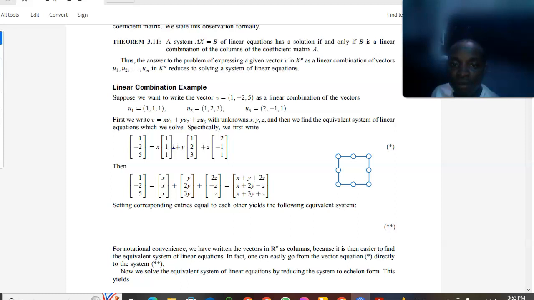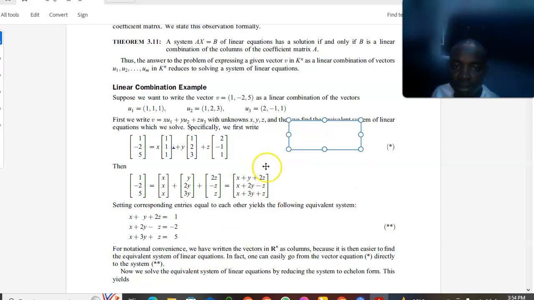So from what we have here, we can have x plus y plus 2z equals 1, x plus 2y minus z equals minus 2, x plus 3y plus z equals 5. You can have that, and then proceed.